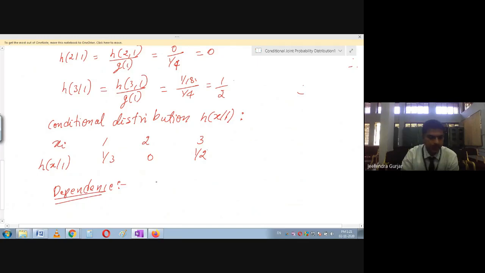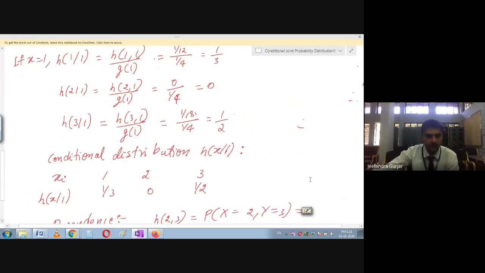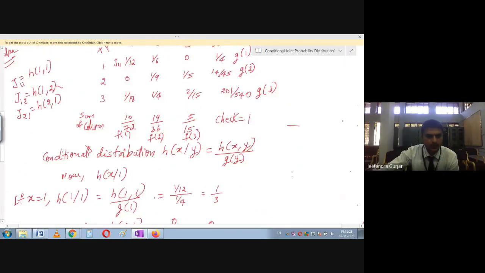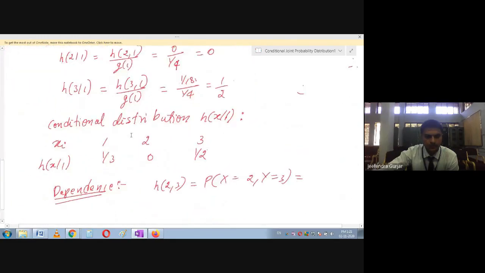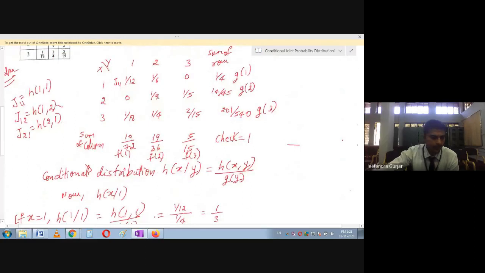That is h(2,3), the probability where x is equal to 2 and y is equal to 3. You can see this value, x is equal to 2, y is equal to 3. It is 1 upon 9.